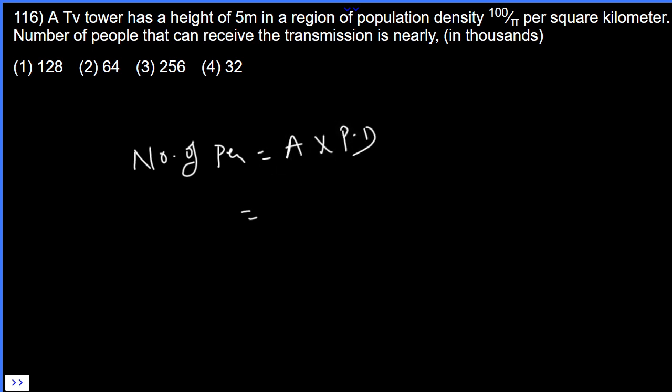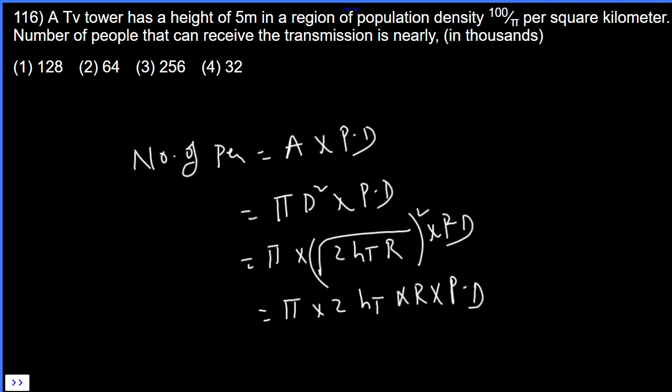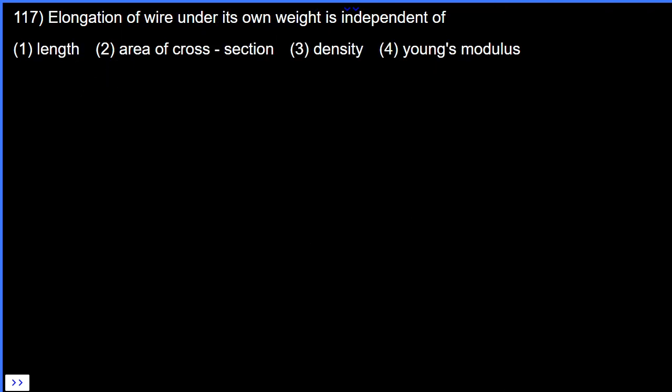Here area covered is pi d square into population density. So pi into 2 into d value is root of 2hR whole square into population density, that is pi into 2 into height of the antenna into radius into population density. After substitution we get the second option, that is 64.